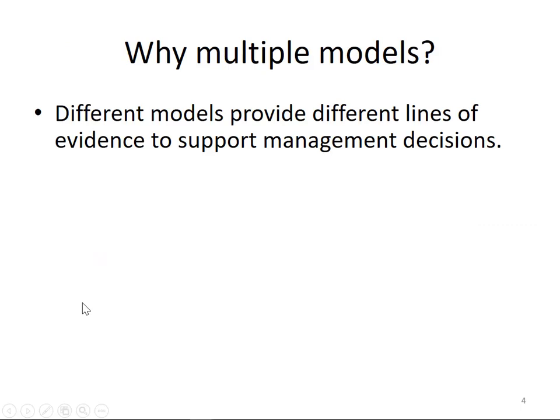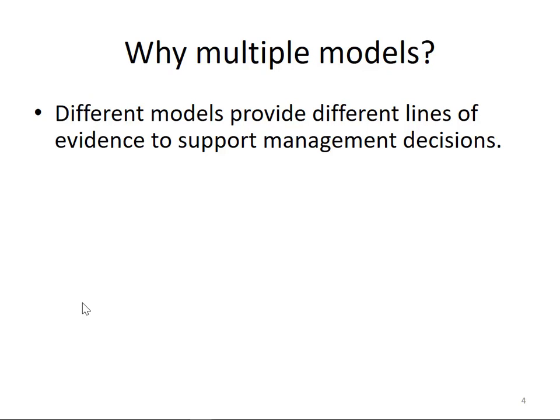Okay, so why so many models? Well, I think there's a lot of good reasons to have multiple models, and hopefully I'll be able to convince you. I think different models provide different lines of evidence to support management decisions. As we know, all models are uncertain. They're imperfect representations of reality. So if we can get two models that have different formulations to give us the same result, that's hopefully going to increase confidence for making management decisions.